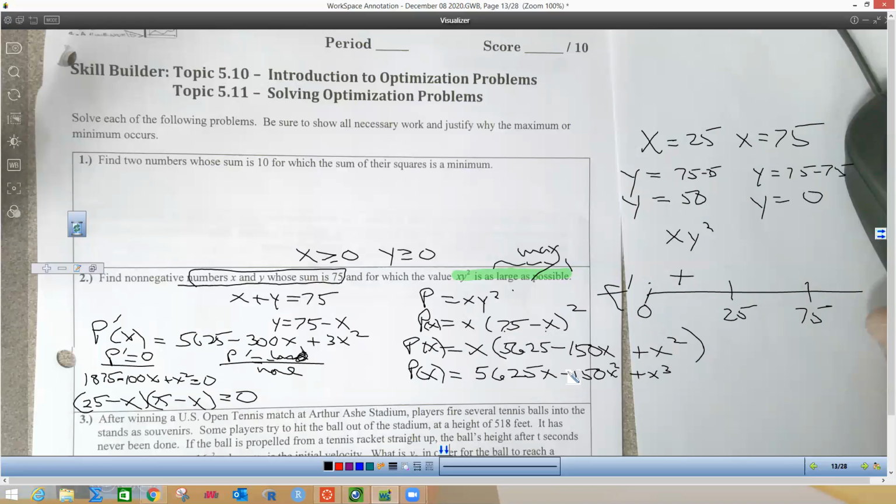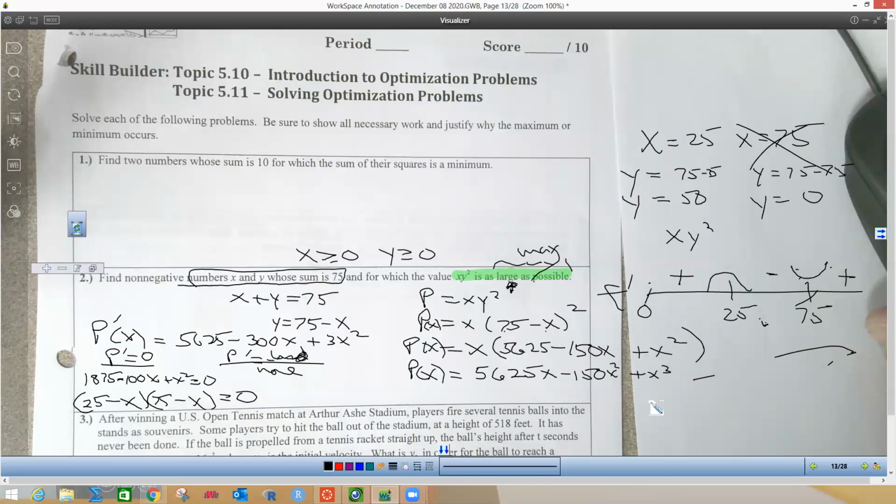And then if I stick in, let's say, 50, that'll be a negative times a positive is a negative. And then if I put in a number greater than 75, let's say 80, I'll get a negative times a negative is a positive. So I have a relative max here, and I have a relative min here. And if you remember, we want a maximum. So I do not want the 75, so I kind of wasted my time doing that one.